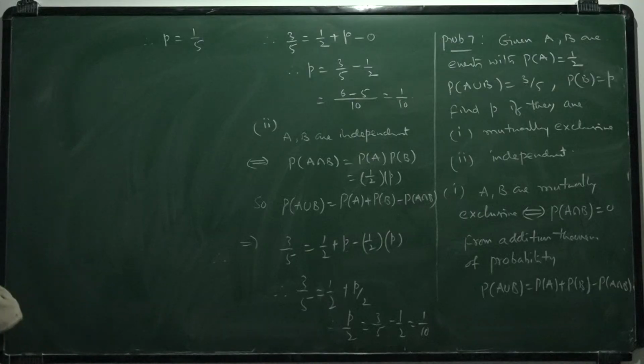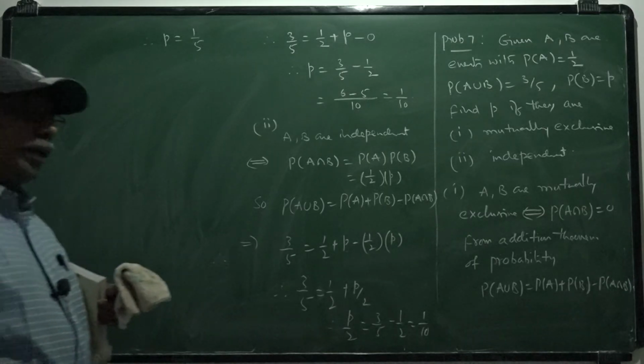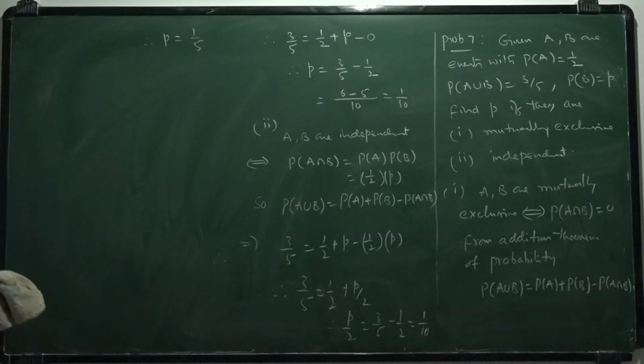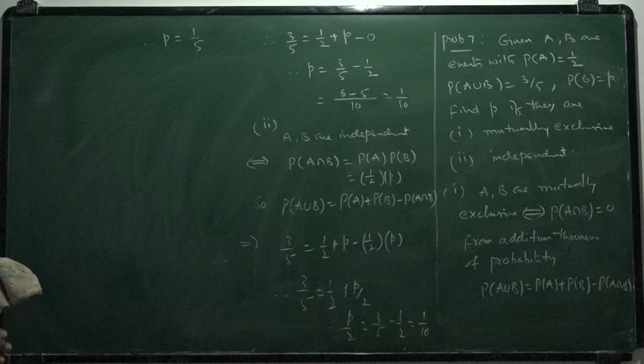Then you can say whether they may be mutually exclusive or not. Whereas for independent events, A and B need not belong to the same sample space. They may belong to different sample spaces. So mutually exclusive need not be the same as independence of the events.